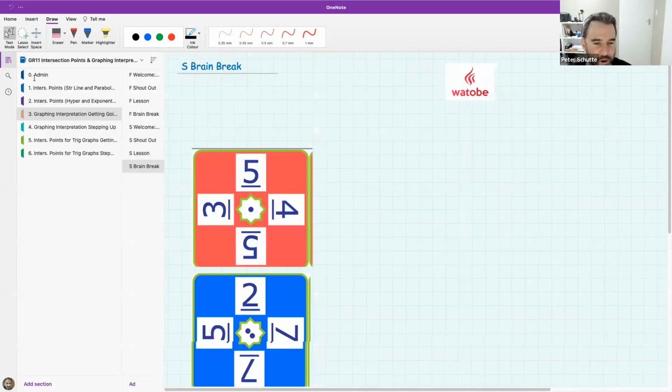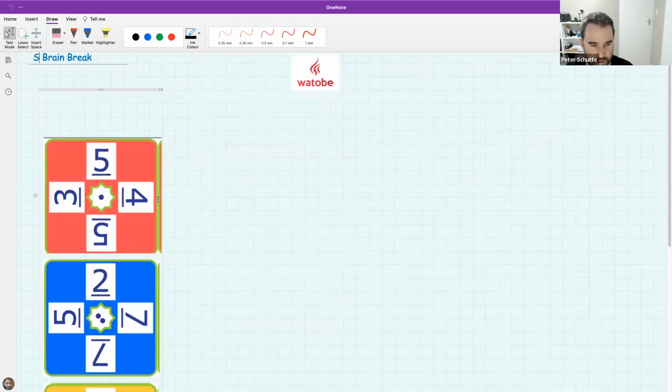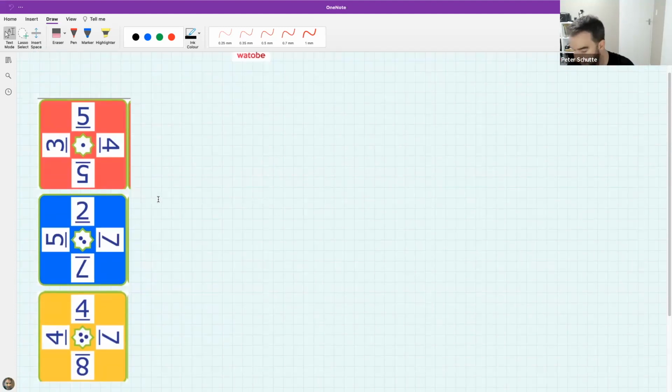So brain break time. For our new students, this game is where we try and make 24 using all 4 numbers on the cards, and we're only allowed to use normal operations. And then let us know in the chat if you think you've solved it. Oh, there's my shortness of breath. Takes a while to kick in.